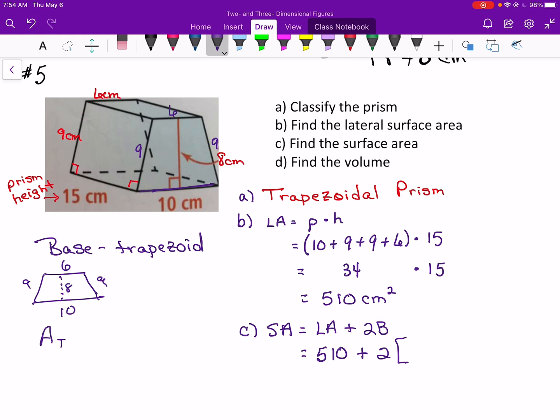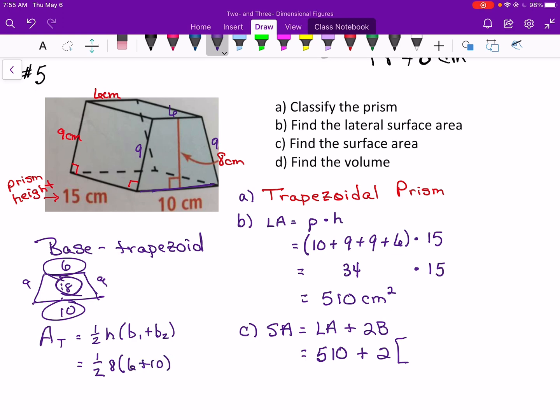Area of a trapezoid, you remember, is 1/2 the height times the sum of the two bases of the trapezoid. So to find the area of our trapezoid, the height is the 8, and the bases of the trapezoid are the 6 and the 10.